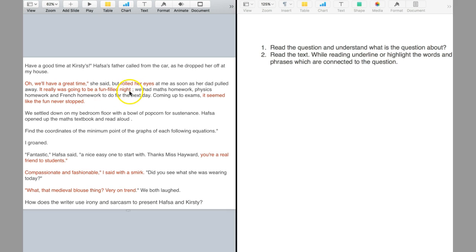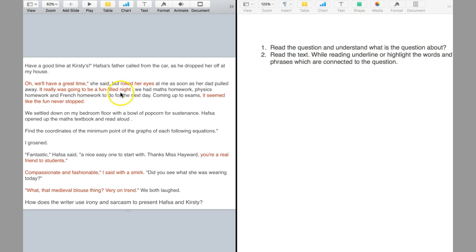Here, it really was going to be a fun-filled night. After that, a semicolon. Generally, a semicolon is used instead of a conjunction. It could be like however, wherever, or as, so any kind of conjunction. So instead of a conjunction, the author generally uses a semicolon.